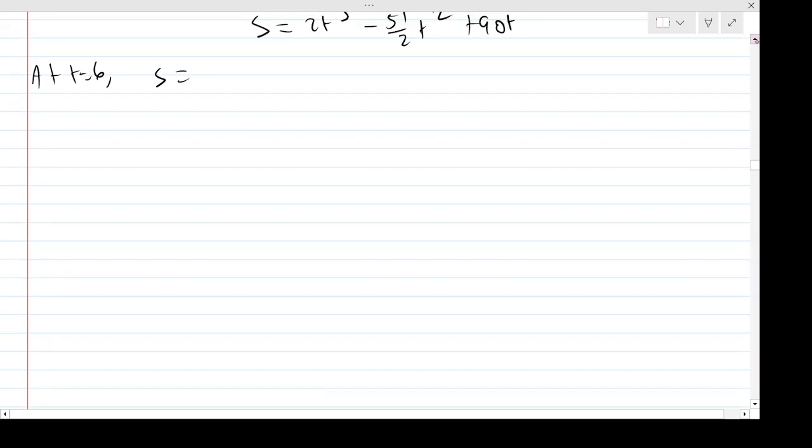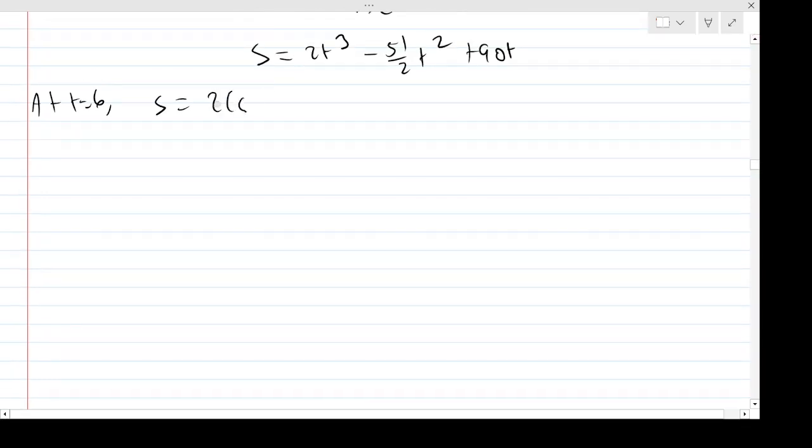So at t equals 6 firstly, S is going to be 2 lots of 6 cubed minus 51 over 2 lots of 6 squared, plus 90 lots of 6. And so if I put all that in the calculator, I get 54 meters there.